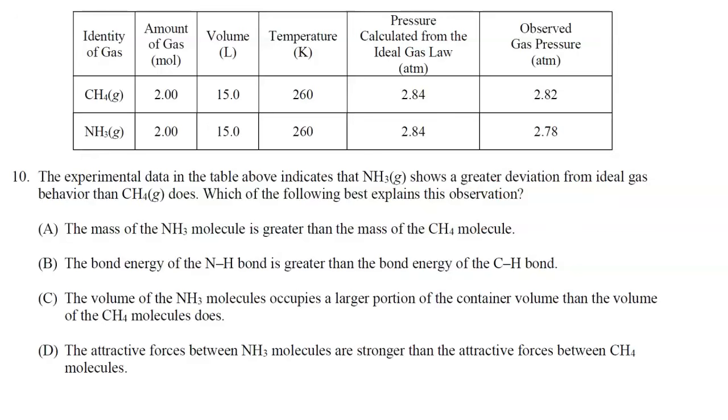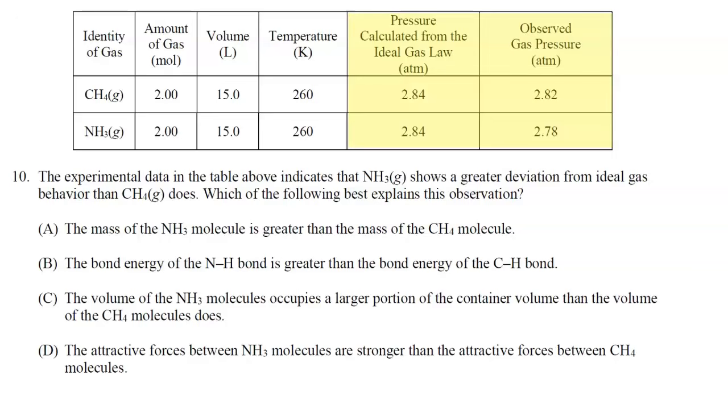Question 10 says, the experimental data in the table above indicates that NH3 gas shows a greater deviation from ideal gas behavior than CH4 gas does. Which of the following best explains this observation? So if you focus on those last two columns of the data table, you can see that the pressure calculated from the ideal gas law is supposed to be 2.84 atmospheres for each of these gases.